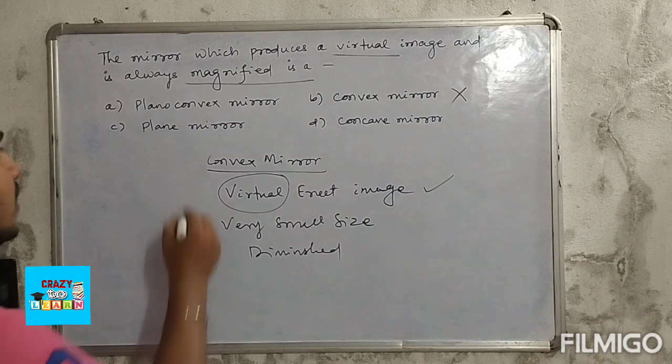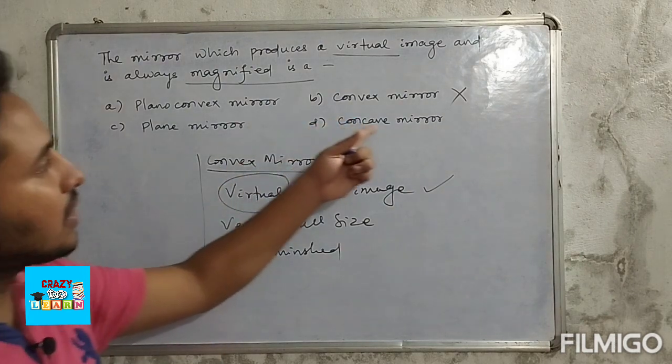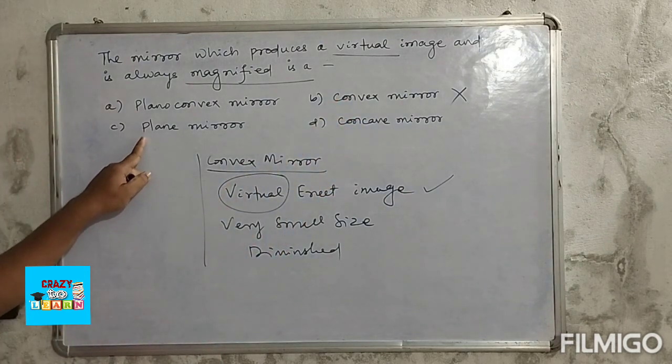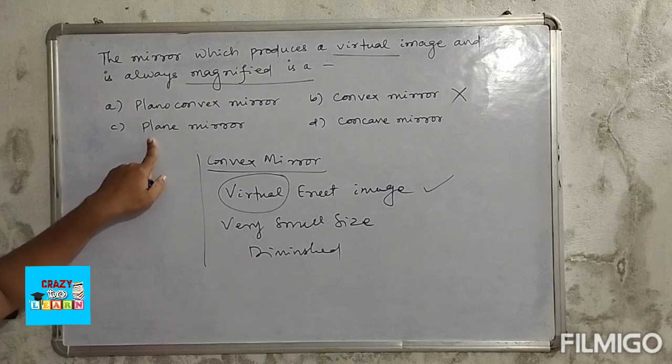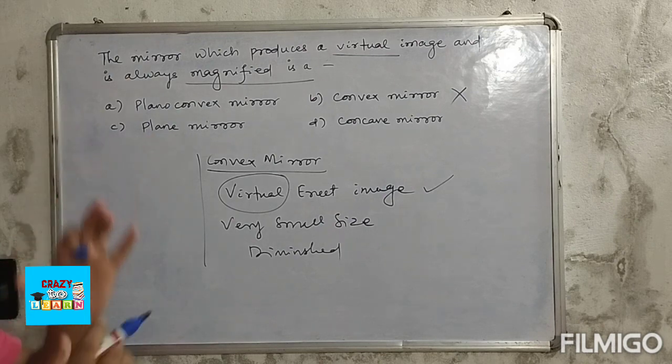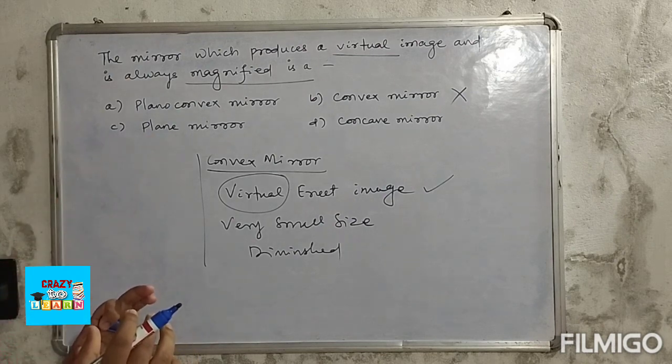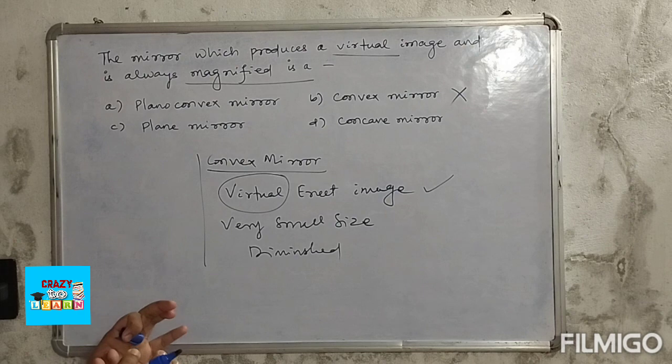So which one is the correct one? If we go for the plane mirror, it always produces a virtual image, but we know that for a plane mirror the image size and object size are equal. Yes or no?